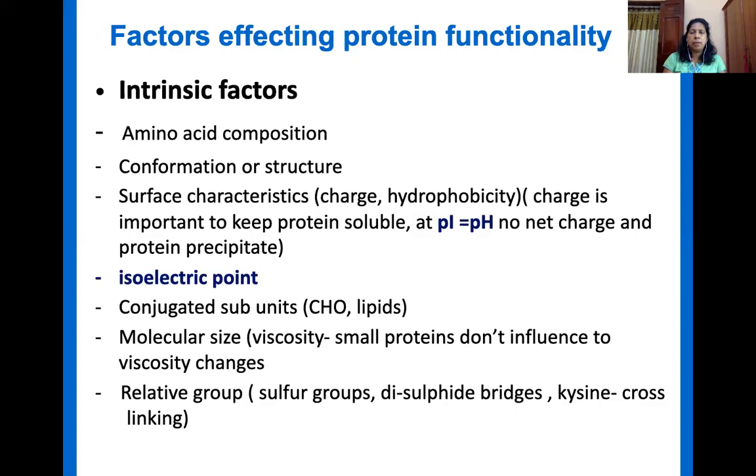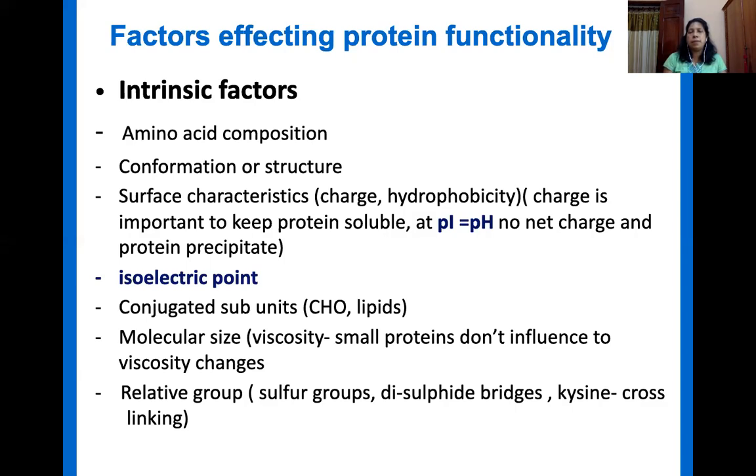Then the conjugated subunits, whether carbohydrates or lipids are there. If it is lipids, definitely it's a non-polar one. Therefore, the conjugated subunits definitely decide what kind of protein it is and what kind of functions it can do. If a lot of non-polar lipid subunits are there, definitely it has a hydrophobic effect.